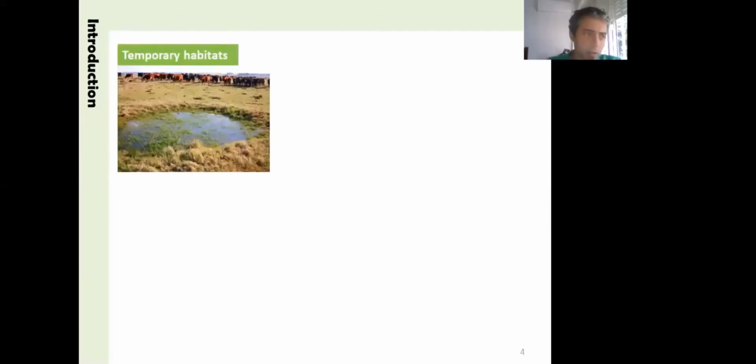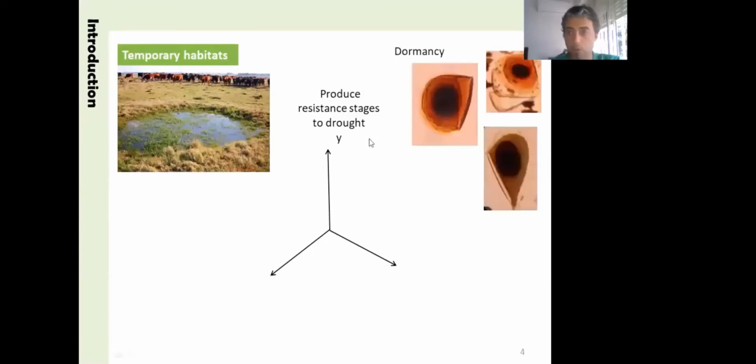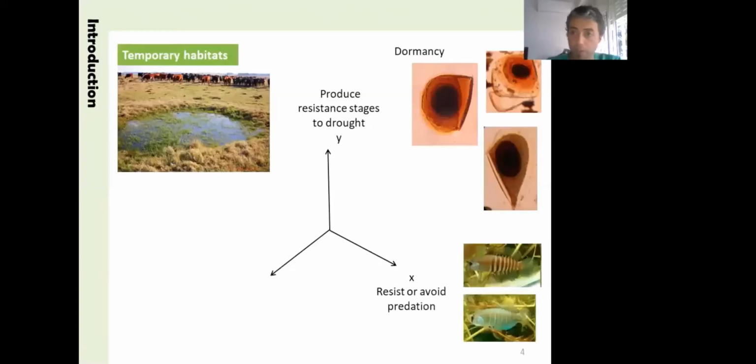Temporary habitats impose on organisms different stressors that they have to overcome to survive and produce viable populations. For example, one is producing a resistance stage to drought. This is the most common case of dormancy. Another stressor is to resist or avoid predation, the case of the fish we were talking about.